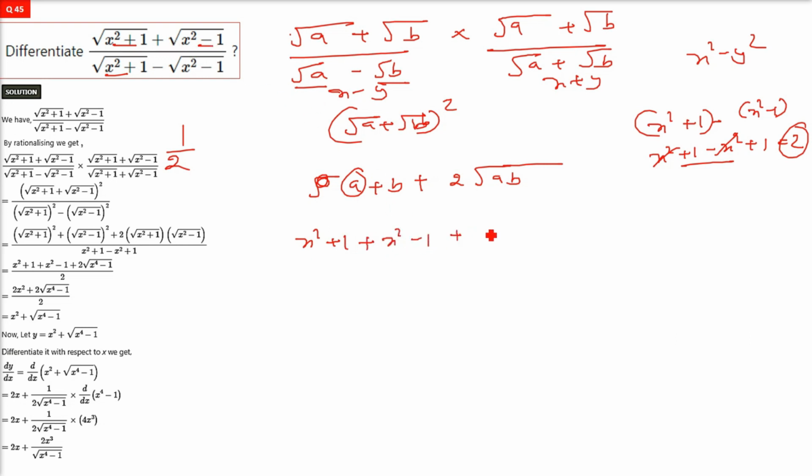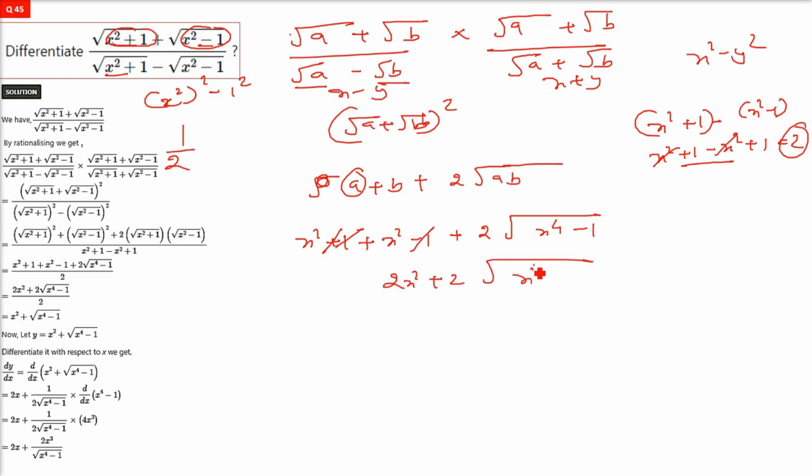And here we have twice of under root. Now just multiply x square plus 1 and x square minus 1. This is again a minus b, a plus b, so a square minus b square it will be. So x square whole square minus 1 square. You get x to the power 4 minus 1. Now here 1 gets cancelled. You will get 2x square, and you also have twice of under root x to the power 4 minus 1.